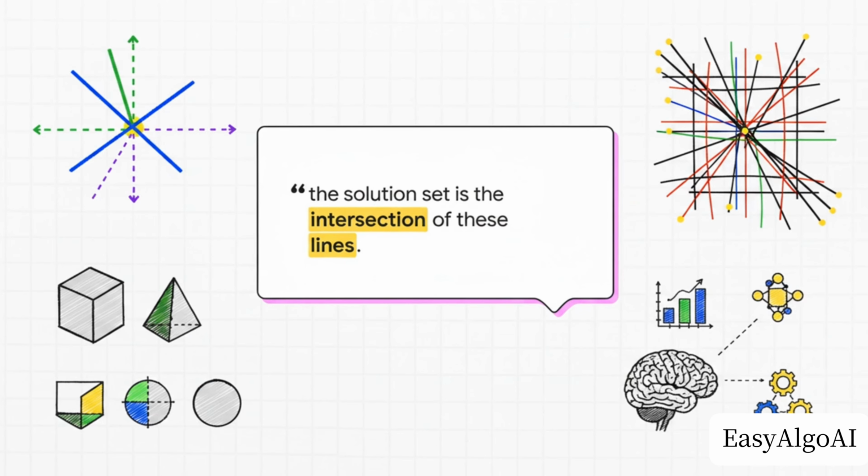To really lock this in, let's step away from the numbers for a second. We can translate all this abstract algebra directly into visual geometry. As the foundational rule brilliantly states, since a solution to a system of linear equations must satisfy all equations simultaneously, the solution set is the intersection of these lines.